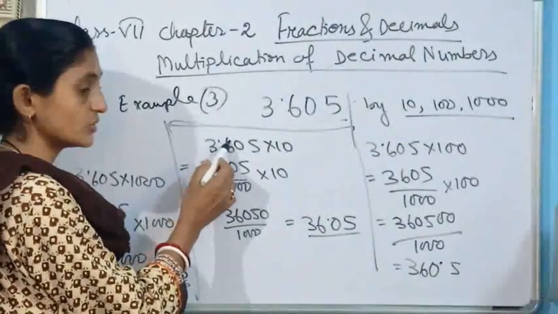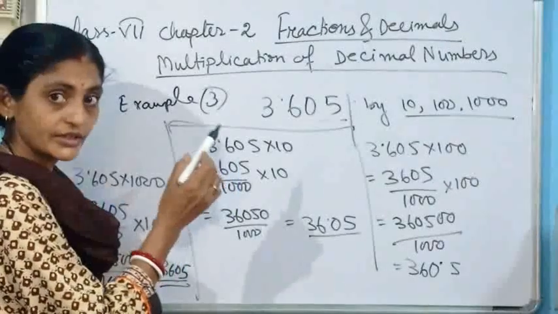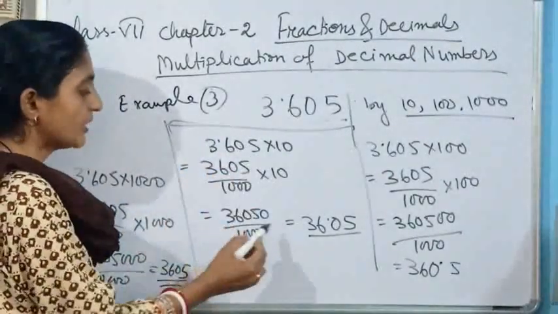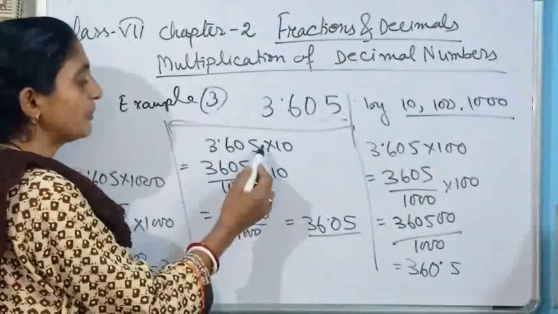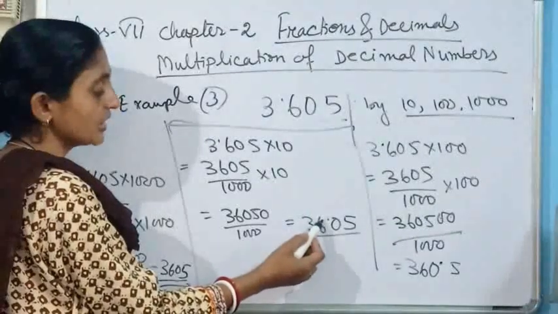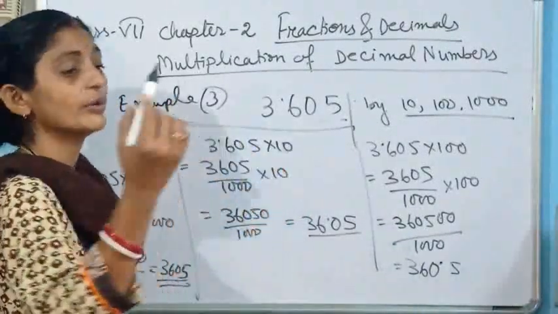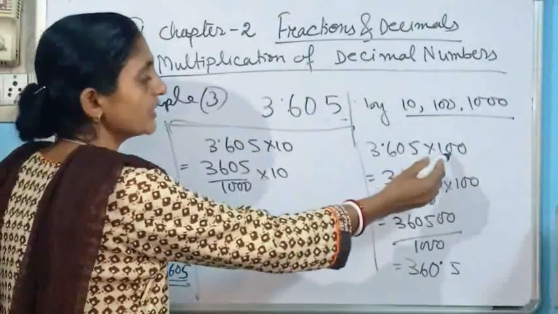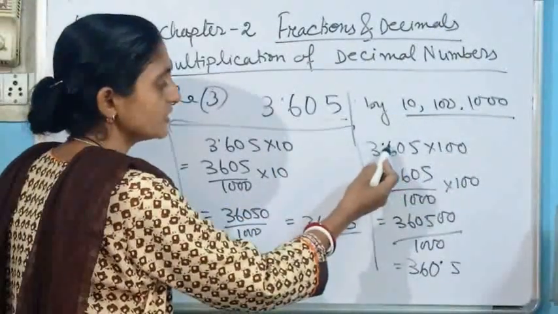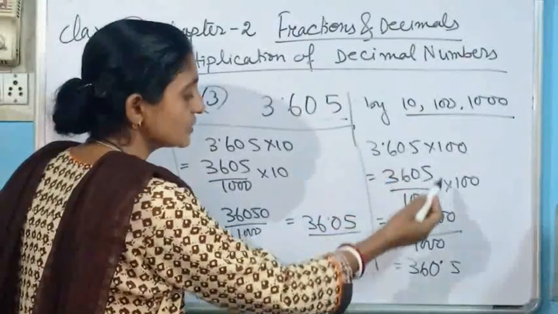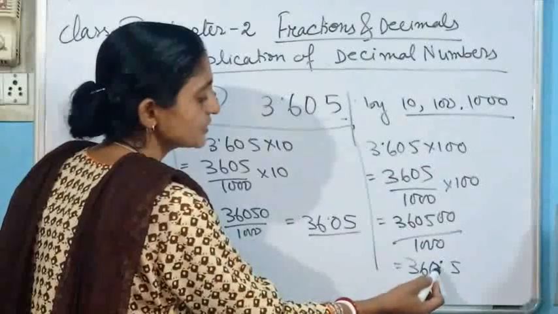The decimal has been shifted towards the right hand side. See, in the question it was 3.605, but in the answer it is coming now after multiplying by 10, that here the decimal was after 3, but now it has been shifted by one place because one 0 was increased here. So when we have multiplied this one by 100, you might have noticed that the decimal has been shifted by two places. So it has gone up to after 0. So it becomes 360.5.